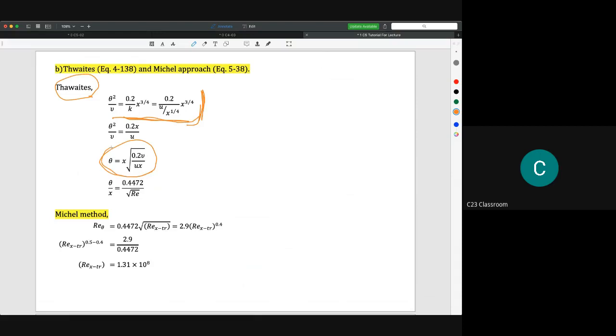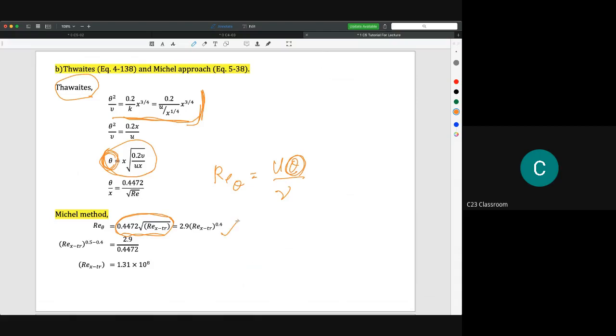And then for the Michel method, we have the Reynolds theta, we have the u theta over nu. So we substitute the theta here with this theta, and then we could get this term. Please, the calculation is simple. You could try it. And then we equalize with 2.9 Reynolds transition to the power of 0.4.